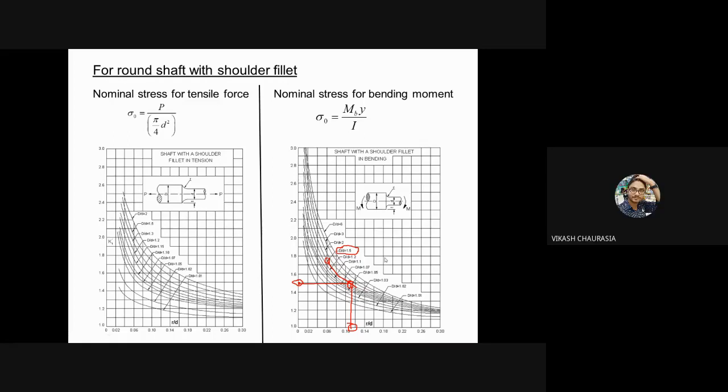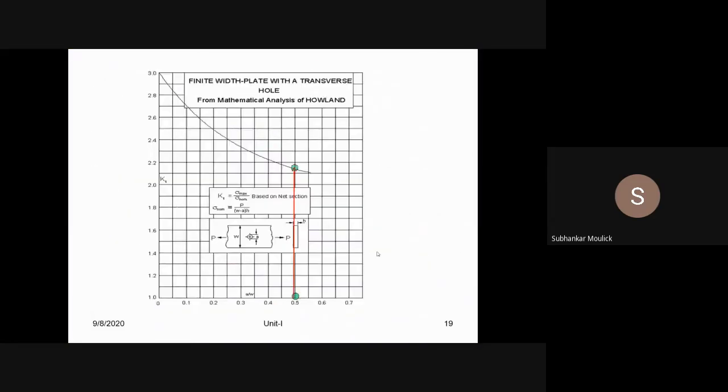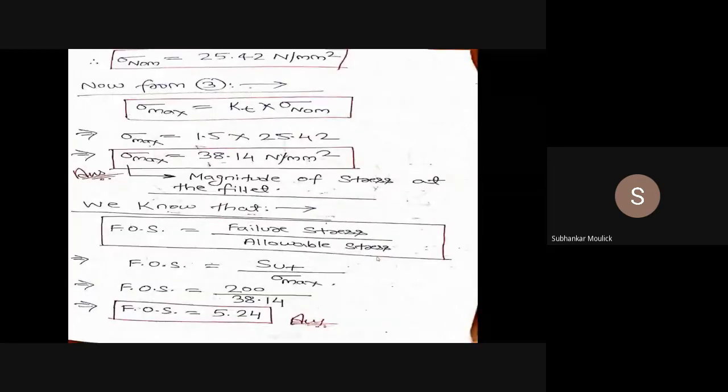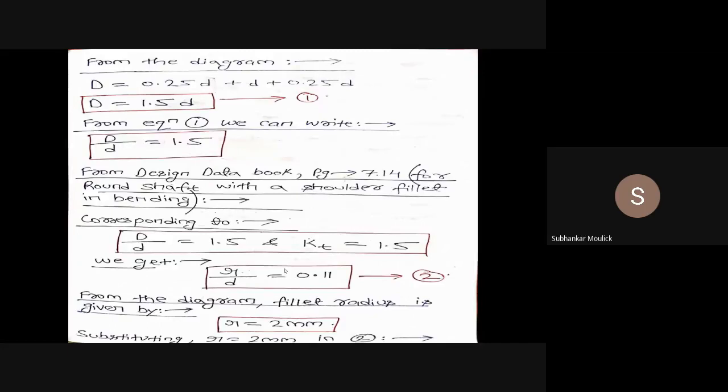Fine. So I got the value of kt, that is 0.11. Yes. So the value of small r by d is 0.11, and small r is given to you in the problem.